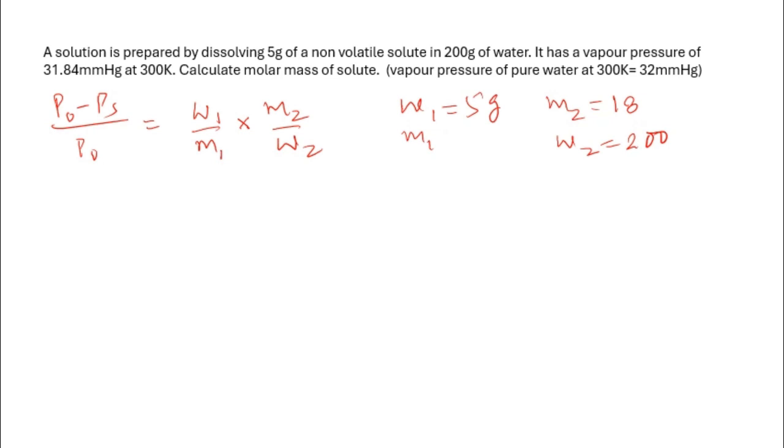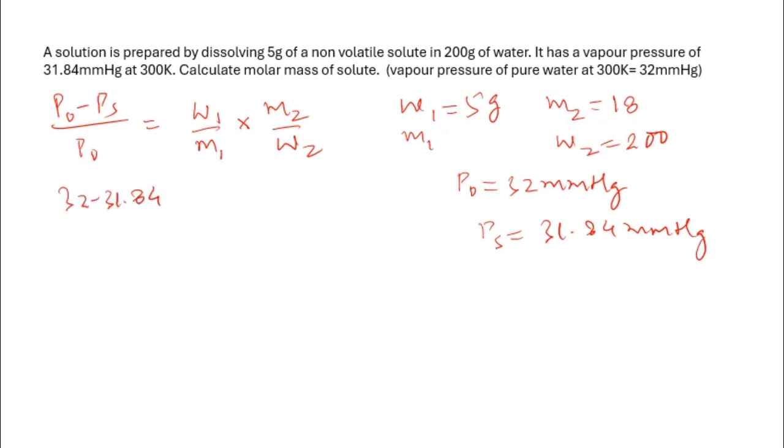Vapor pressure of pure water P0 is 32 millimeter Hg, and vapor pressure of solution PS is 31.84 millimeter Hg. So keeping all the values in the formula, we have (32 minus 31.84) divided by 32 equals 5 by M1, which we have to calculate, multiplied by 18 by 200.